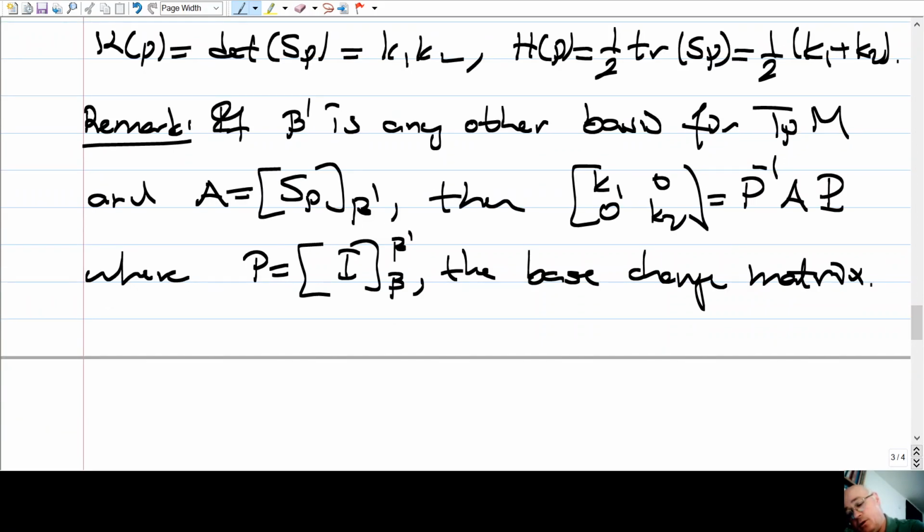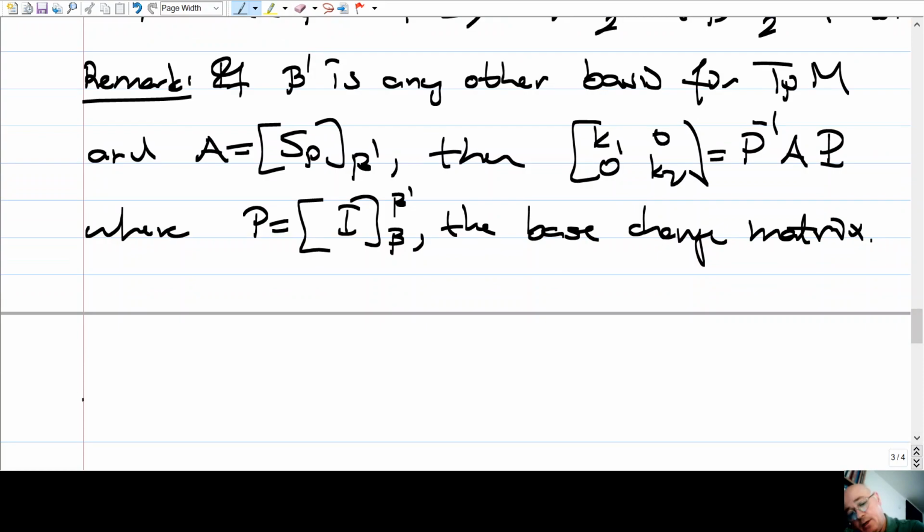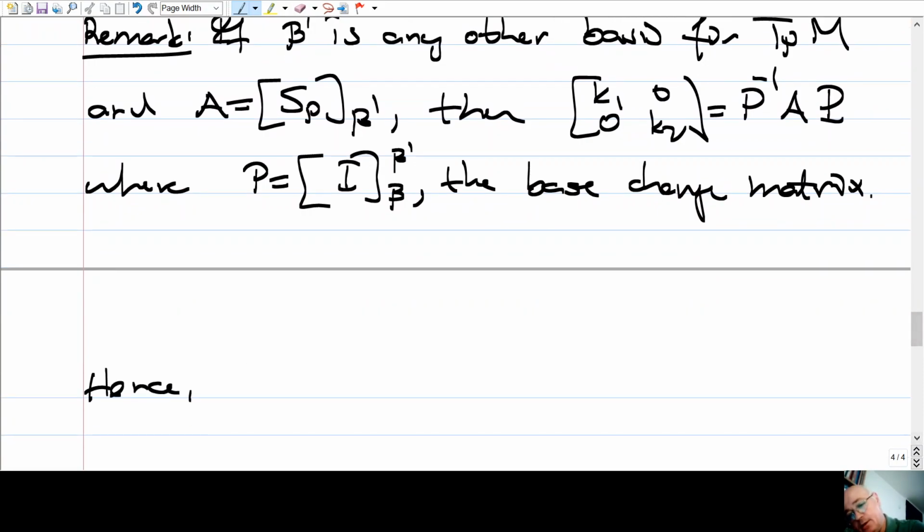So in this case, what is the determinant?